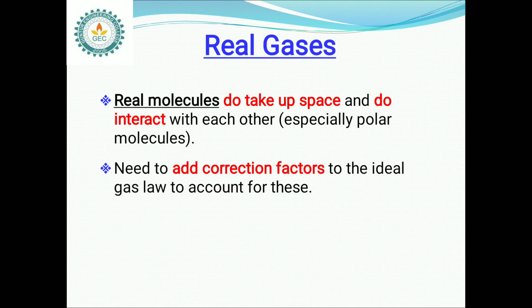So we have to add some correction factors to the ideal gas to make it a real gas. By adding external agents like volume, pressure and temperature, we can also convert ideal gases into real gases. By adding those external agents, the gas molecules interact with each other and convert into real gases.